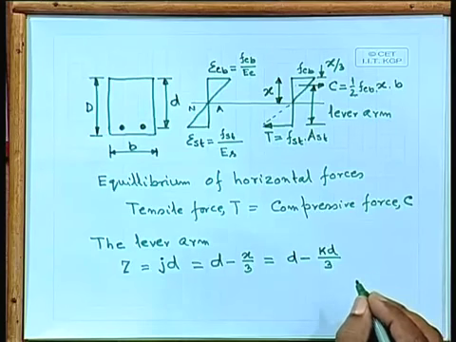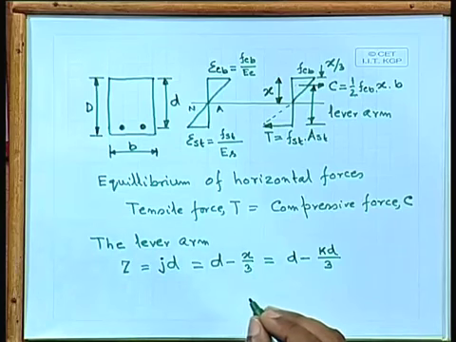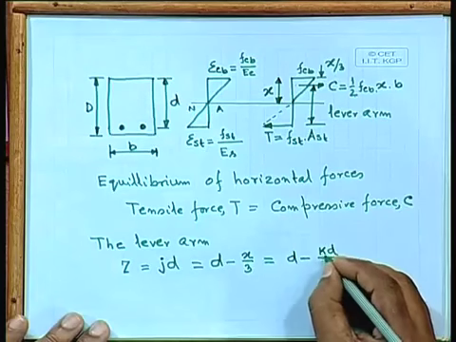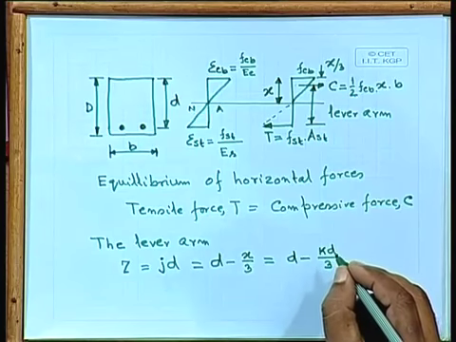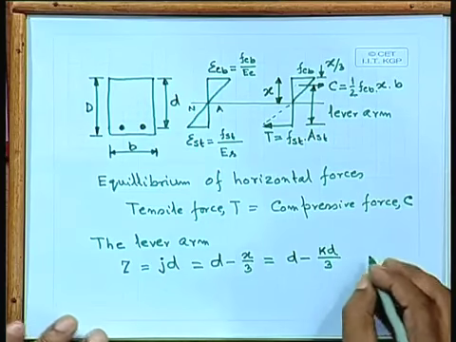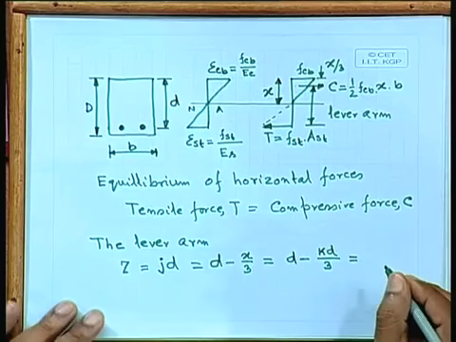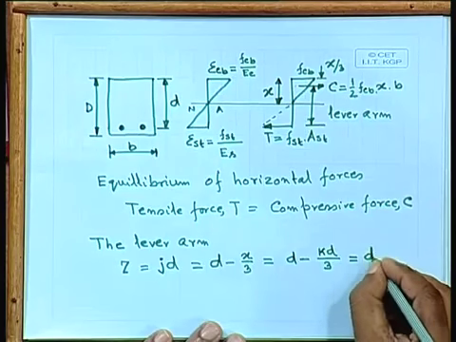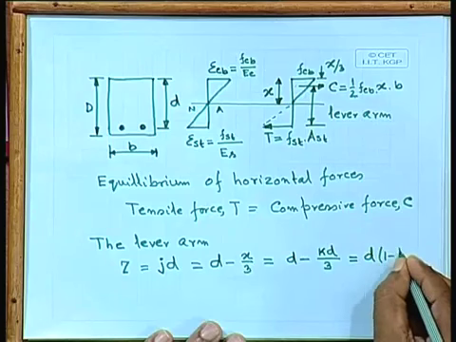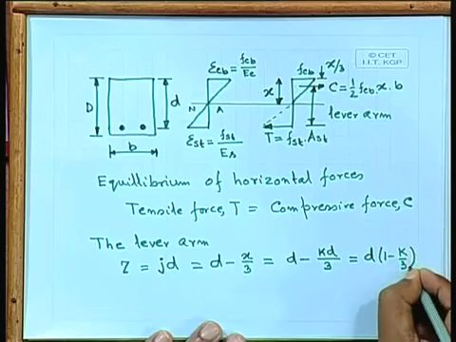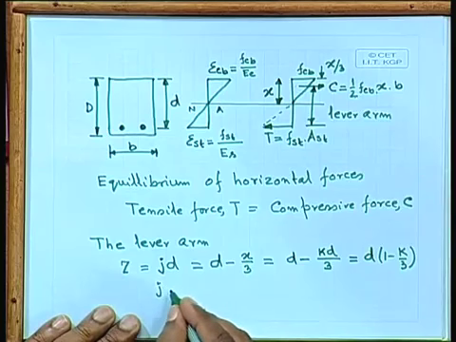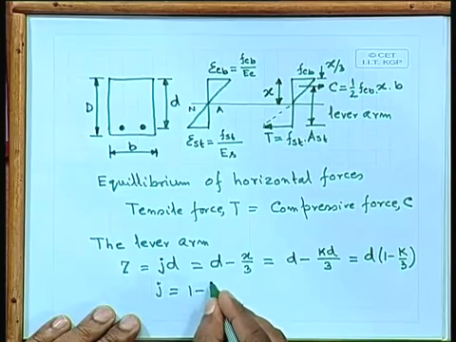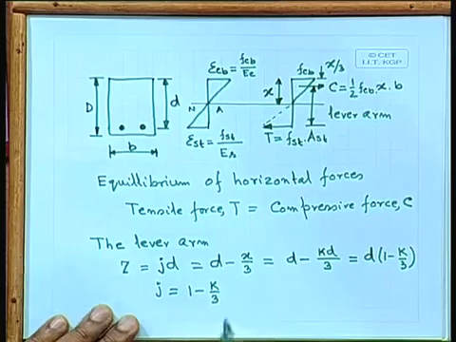and kd is the depth of the neutral axis. We do not know k, neither do we know j, but we can write it in this way: d times 1 minus k by 3. So we can write jd, that means j equal to nothing but 1 minus k by 3.